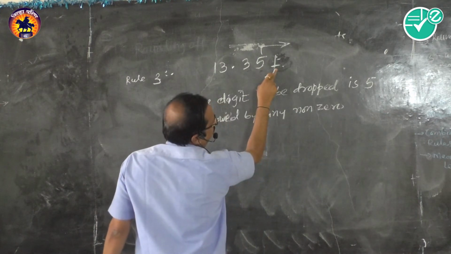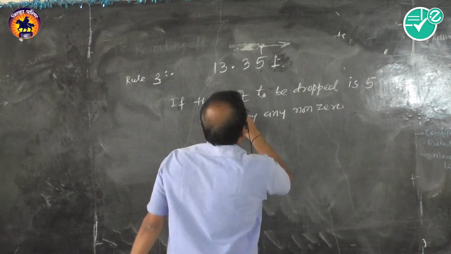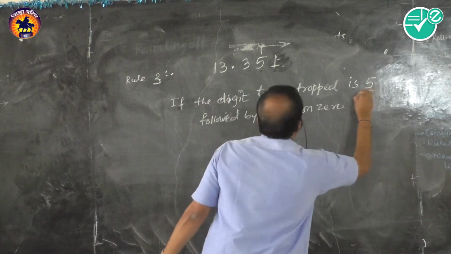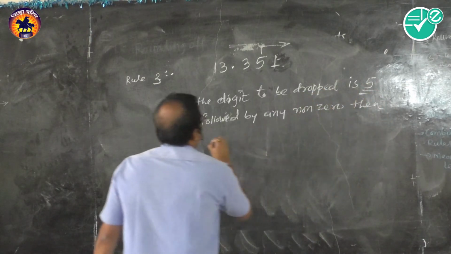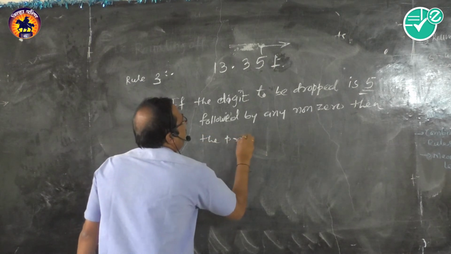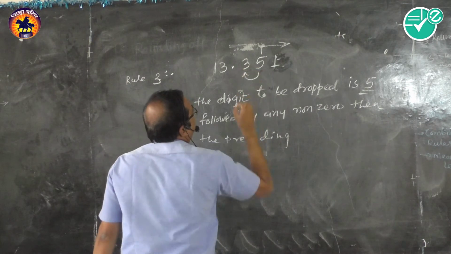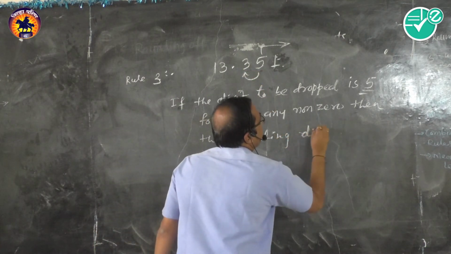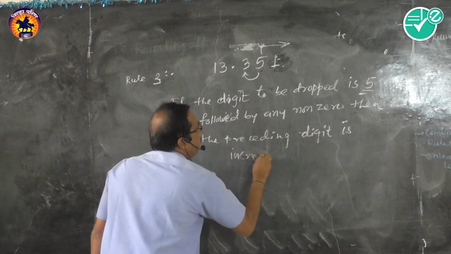Here there should not be 0. If the digit to be dropped is 5 followed by any non-zero number, then the preceding number, that is the number which occurs just before 5, that is here 3, preceding number or preceding digit is increased by 1.